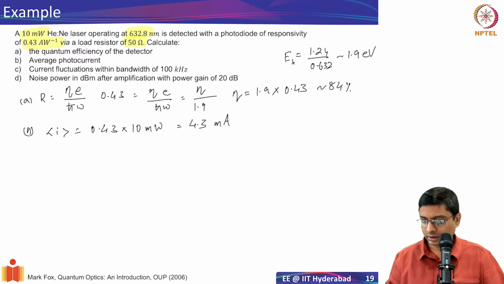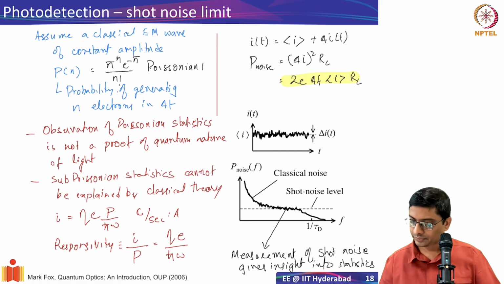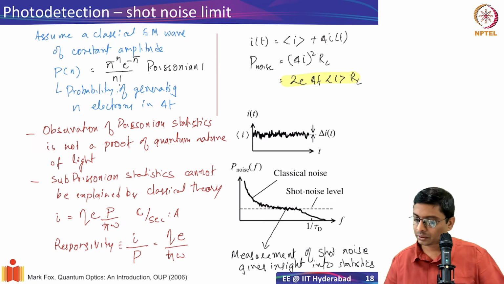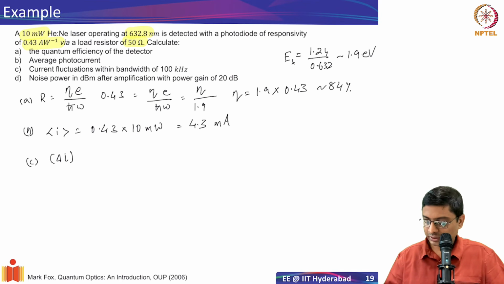All right. Now, the third part is, what are the current fluctuations within a bandwidth of 100 kilohertz? Current fluctuations is basically delta I square, which I said is equal to 2e delta f times the mean current.